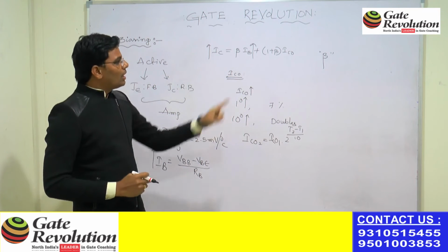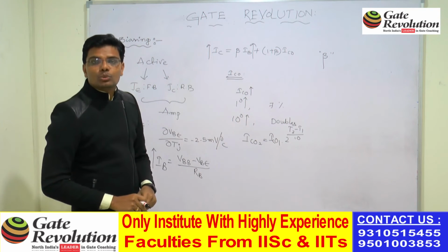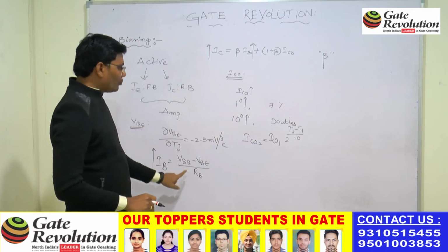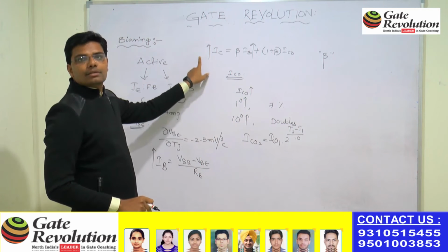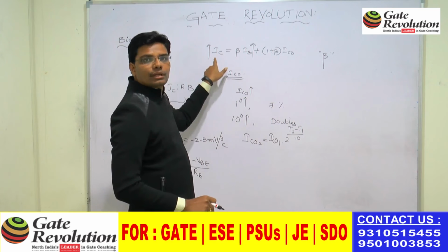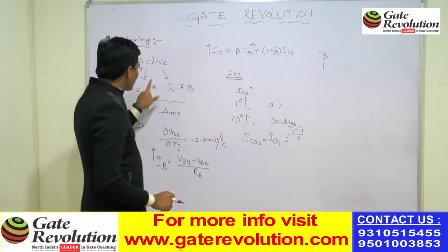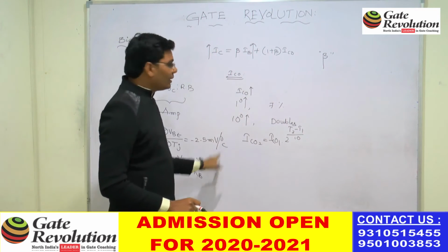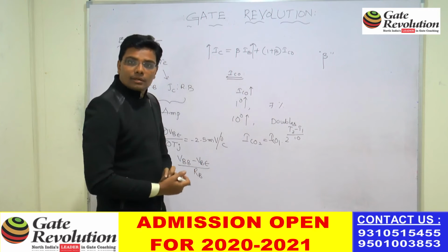My question: how does beta change with respect to temperature? As temperature is increasing, VBE decreases and IC increases. Because of the changing of temperature at the emitter junction and collector junction, IC is increasing.